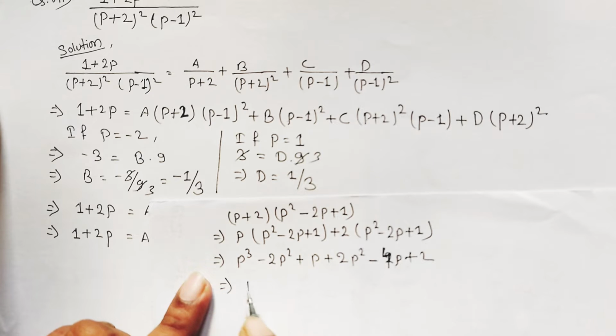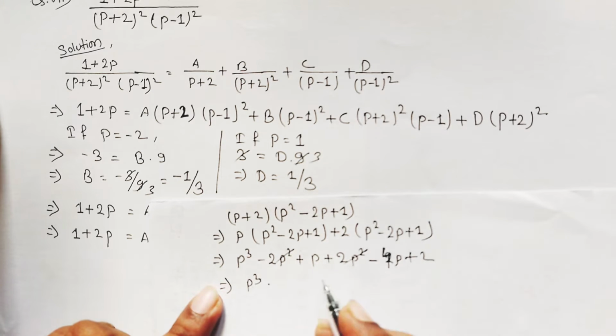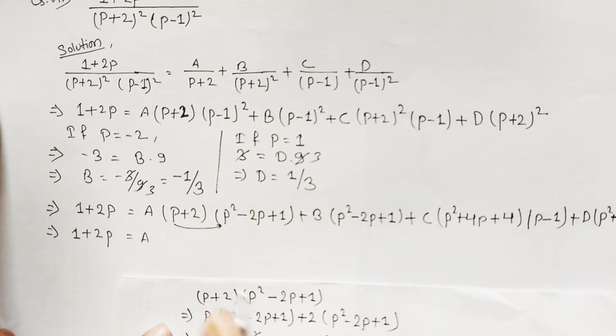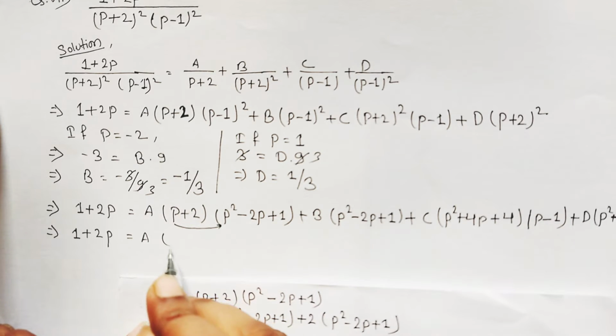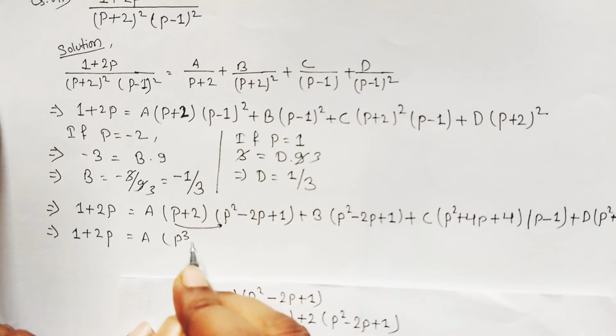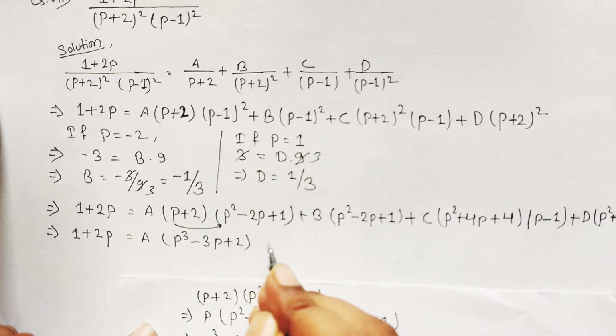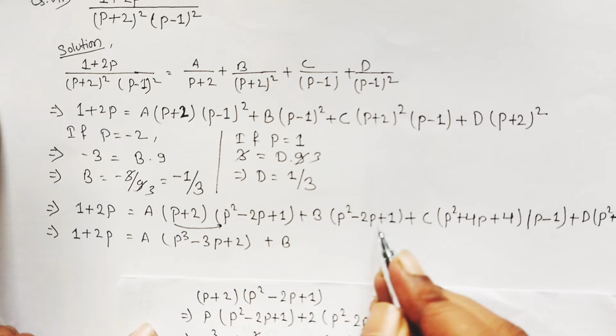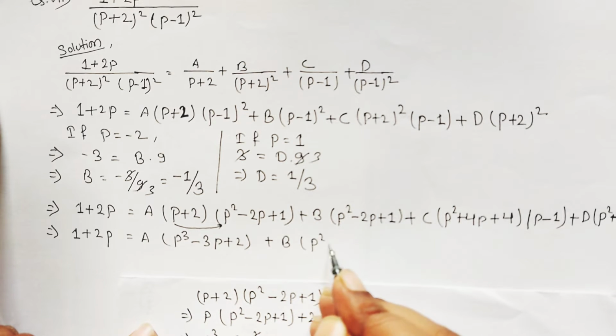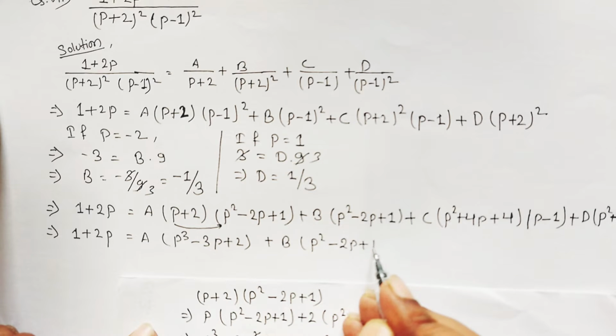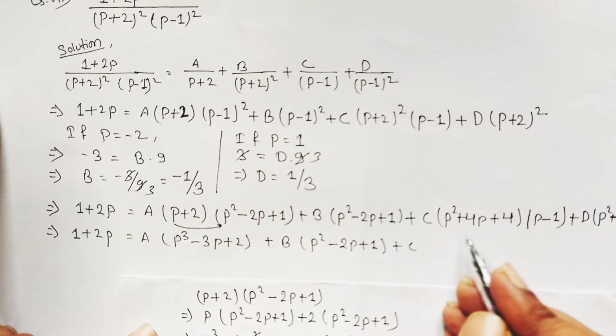So p square gets cancelled out, and we have p cubed minus 3p plus 2. So here we have A times (p cubed minus 3p plus 2) plus B times, again, (p square minus 2p plus 1).